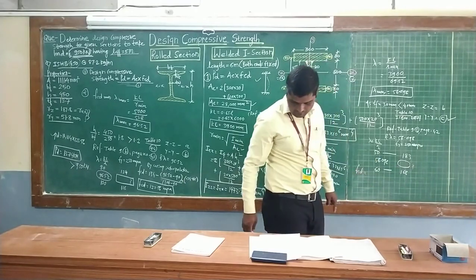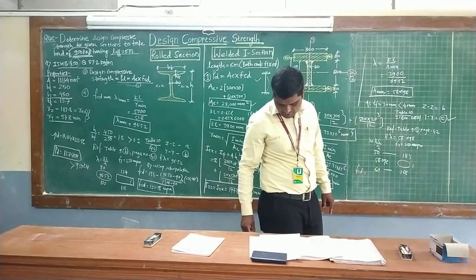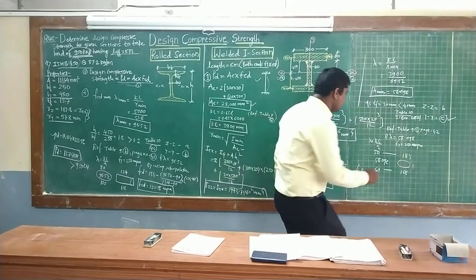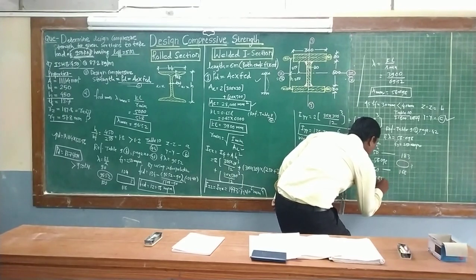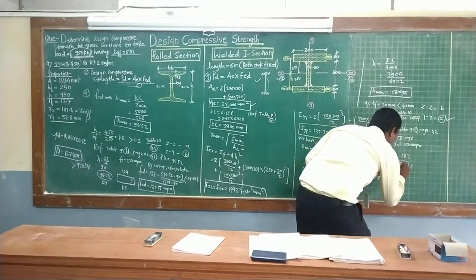So the FCD value is equal to 173.85. This is our answer.